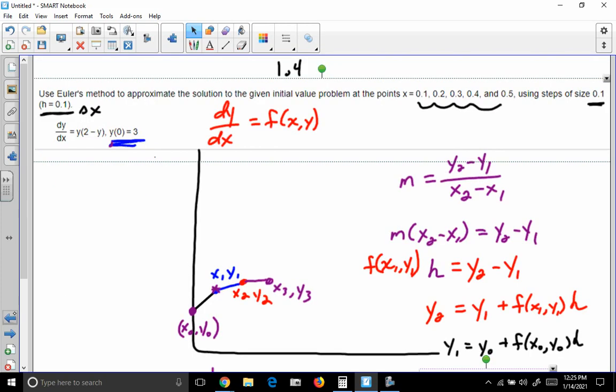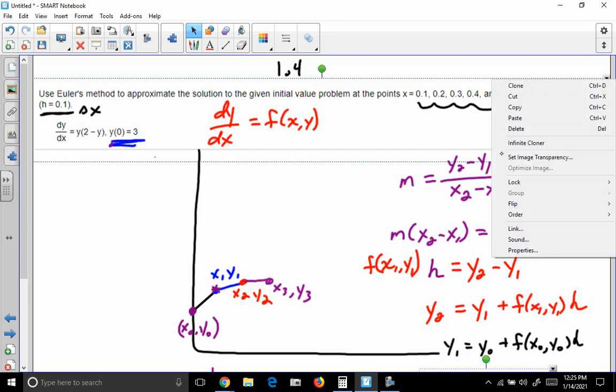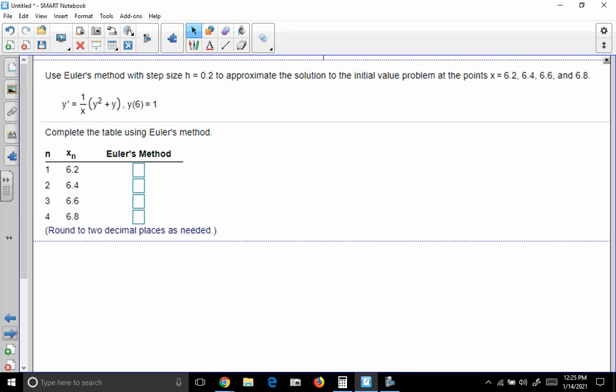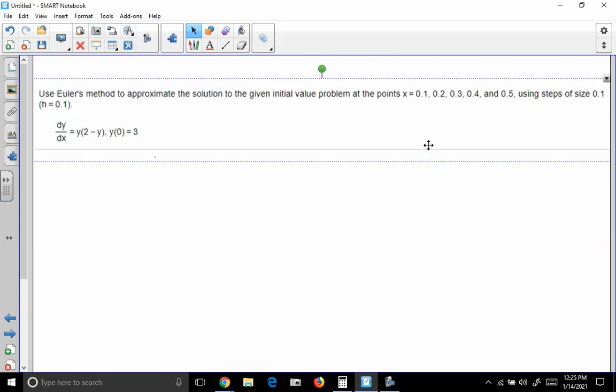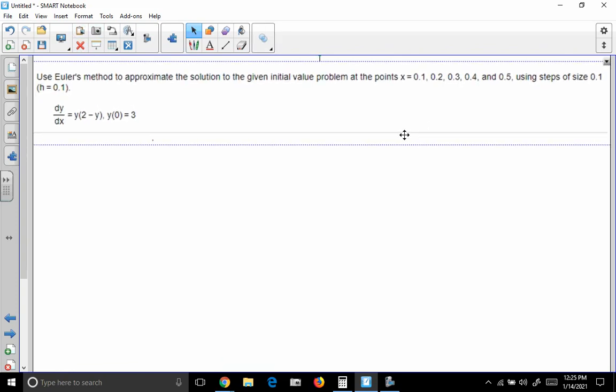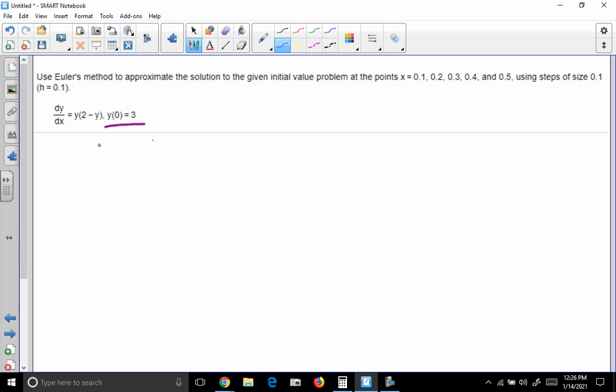Okay. So we want to use Euler's method to approximate our solutions for these different x values given this initial condition and given that differential equation.